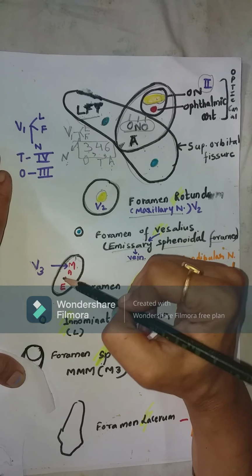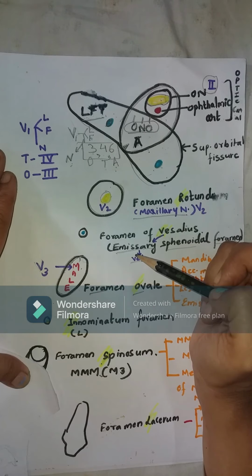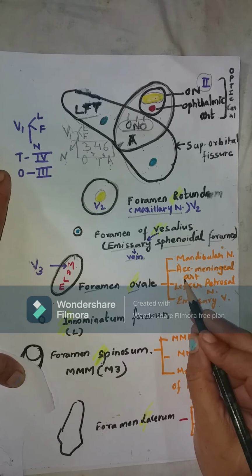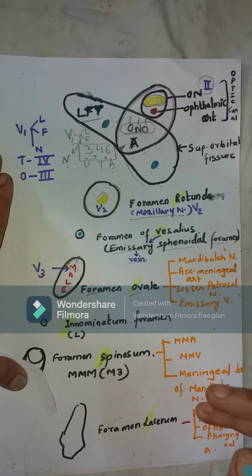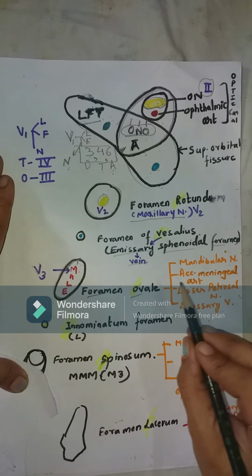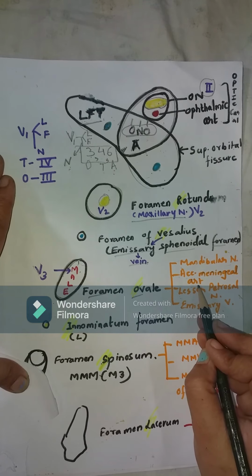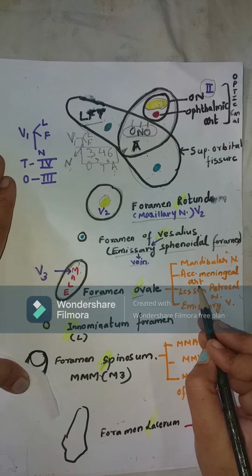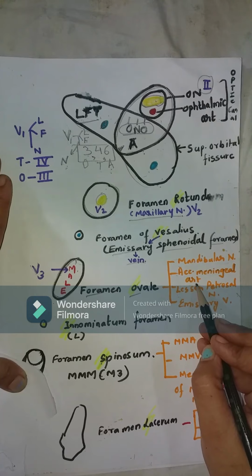The story of the trigeminal ends here, at foramen ovale. Okay, lesser petrosal nerve, accessory meningeal artery. Here I want you to remember just one piece of information. Remember that the middle meningeal artery and accessory meningeal artery are the branches of the maxillary artery.